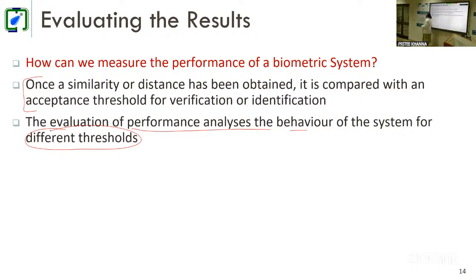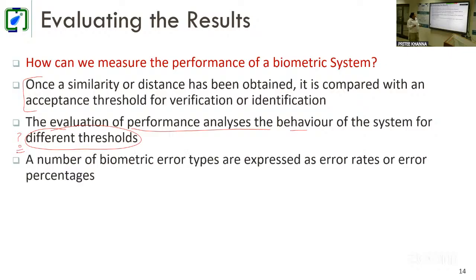How do we fix a threshold? Because based on the threshold only we determine similarity or non-similarity. For that, we need to look at the performance of the system at different thresholds and decide that, for my application, this threshold is the best and gives the best result.